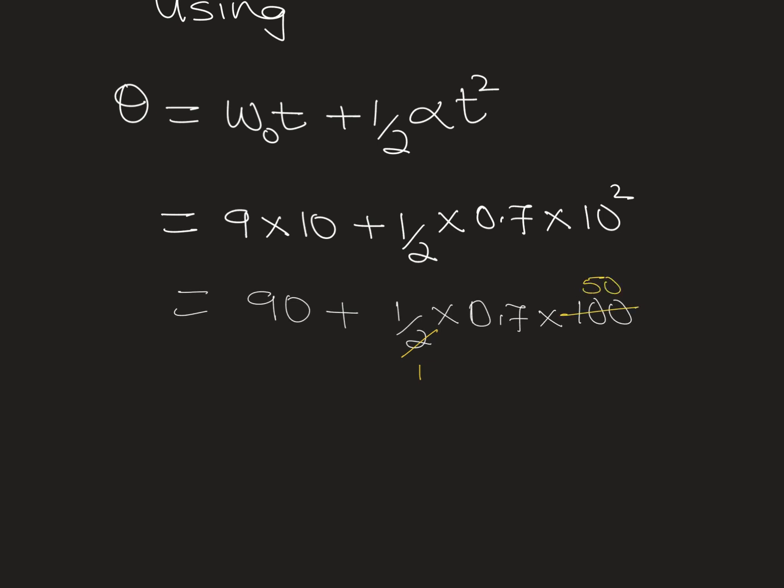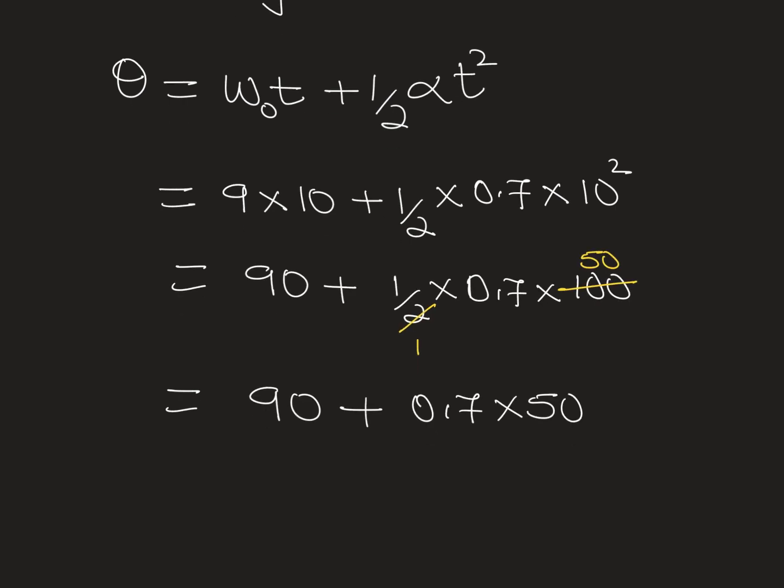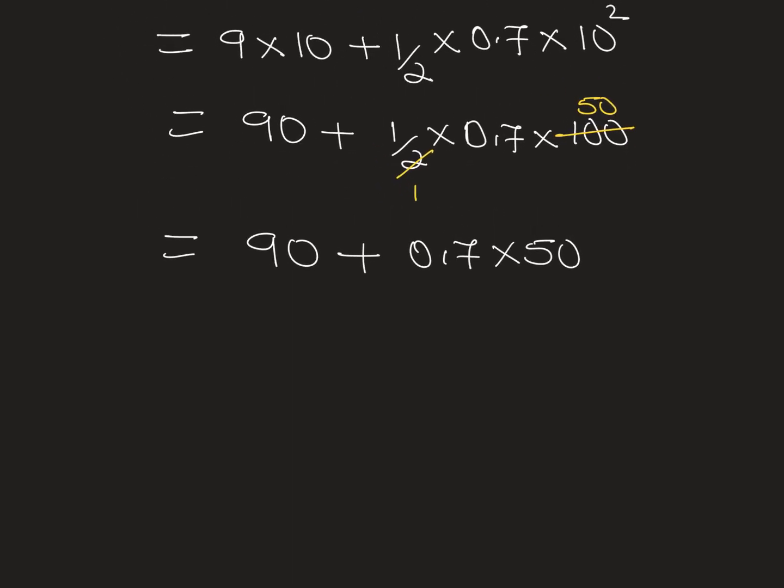So what do we have? We're going to have 90 plus 0.7 times 50. 0.7 times 50 is 35. And 90 plus 35 is 125.